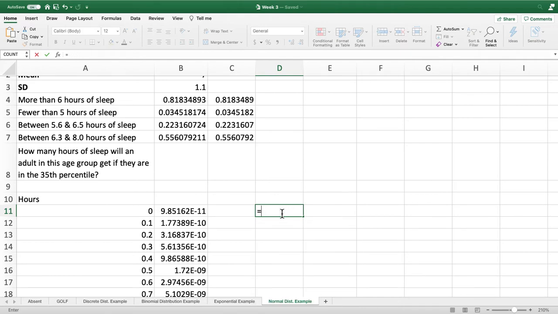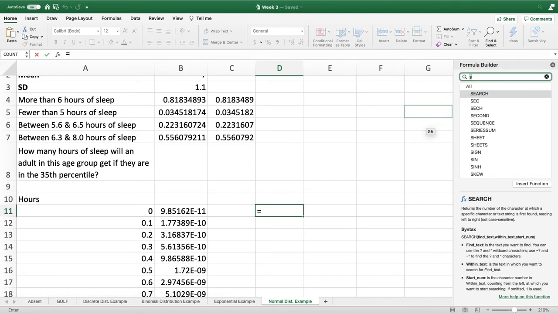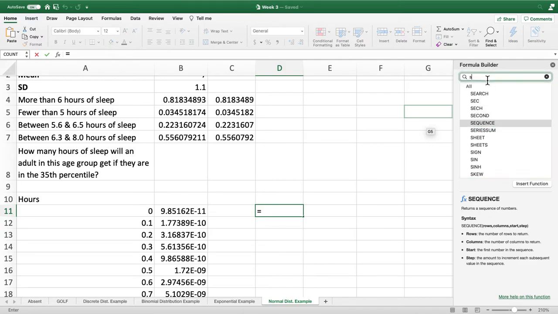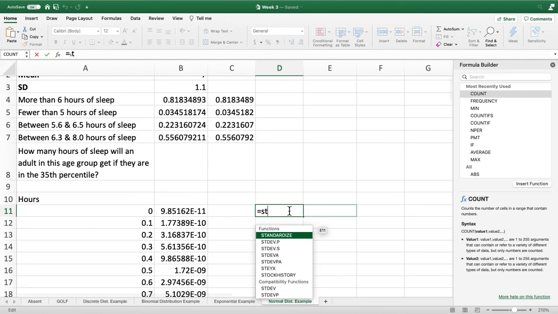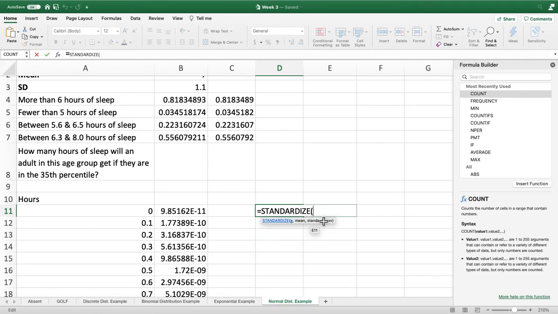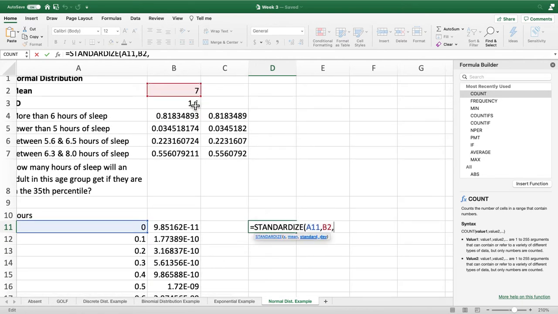See if I can find the right formula quick. Let's go here. Now I'm searching for something with an S. Standardize, not specialize. Sorry about that. Standardize. All right, so we're going to standardize. There we go. And our x, and our mean, and our standard deviation.